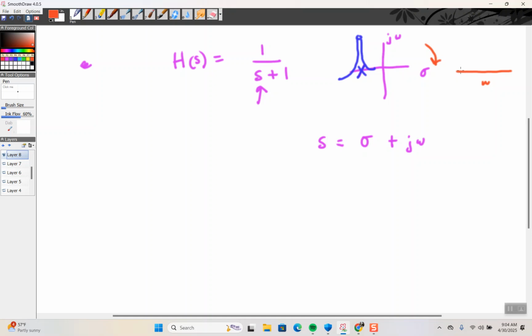This point goes there, this point goes there, and now we do a logarithmic axis, 0 not allowed. Then here we do 20 log of the magnitude, so we get something like that.